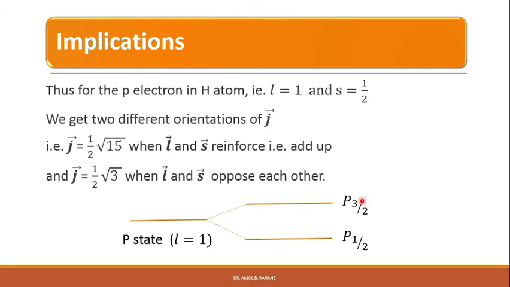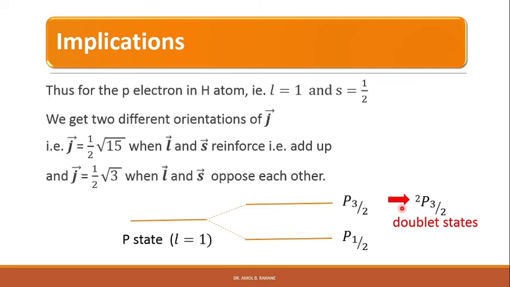So in the hydrogen atom, due to the spin orbit coupling, we get the total angular momentum J, and the two orientations of this J vector give rise to two different energy levels corresponding to the same energy level. Such states are split into two energies. They are termed as doublet states, and their doublet nature is usually indicated by writing a superscript 2 to the state symbol.